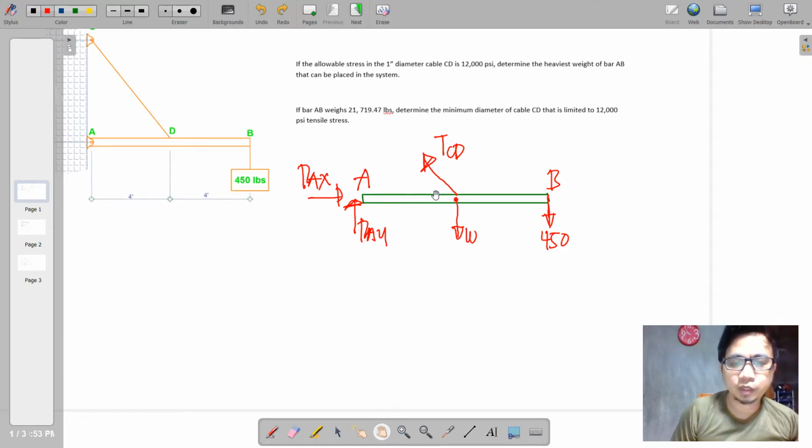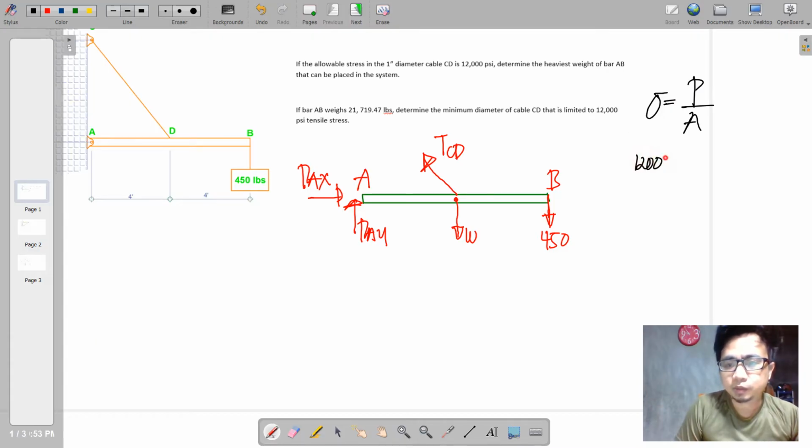So before we can solve for W, of course, we need to substitute the capacity of CD by using the simple formula, sigma equal to P over A, and our allowable sigma is 12,000. So actually we are going to apply this for the cable, so that the actual force here is the tension at CD.